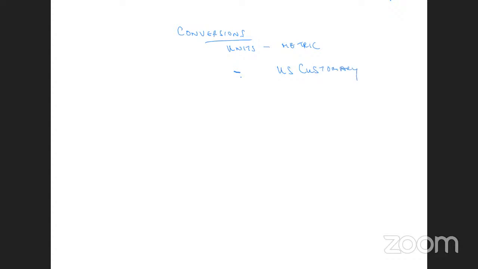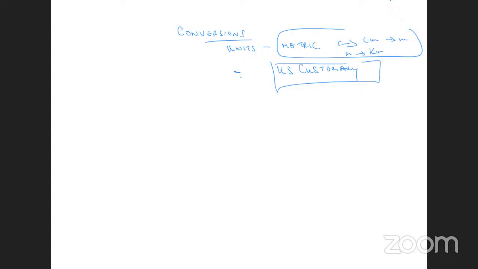Now, conversions could be within metric systems like centimeters to meters, kilometers, or meters to kilometers. That is within this system. Similarly, if it is US Customary, it could be between the units within US Customary units.